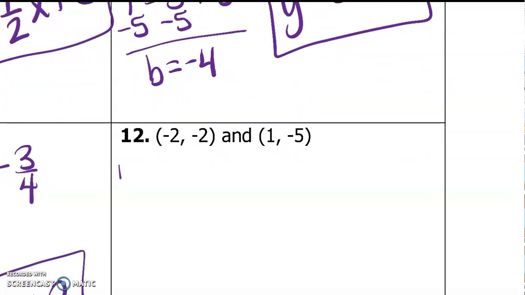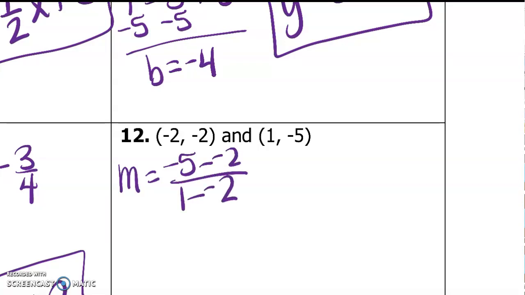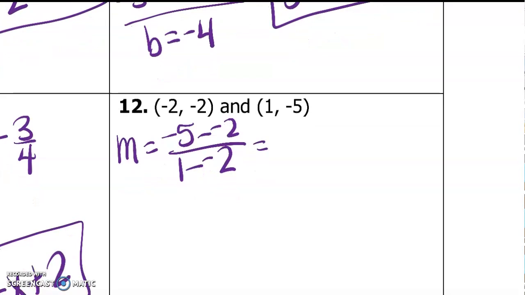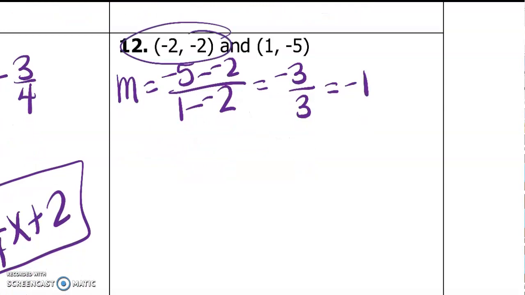And for 12, m equals negative 5 minus negative 2 over 1 minus negative 2. That would give us negative 3 over positive 3, which is negative 1. I'm going to use this one since they're both the same.